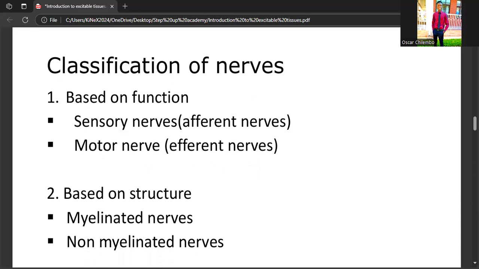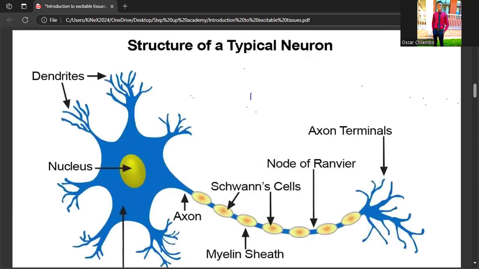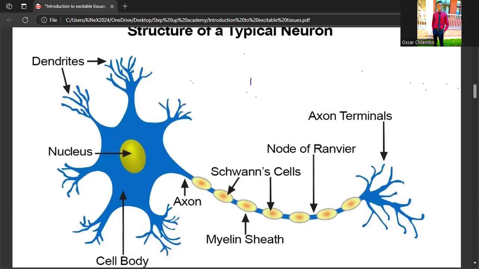Then we also have nerve classification based on structure. We have the myelinated nerves and non-myelinated nerves. The major difference between these two is based on the structure, and the structure is just the myelin sheath. I said this is going to act as a reference. So we have this one cell, the myelin sheath.